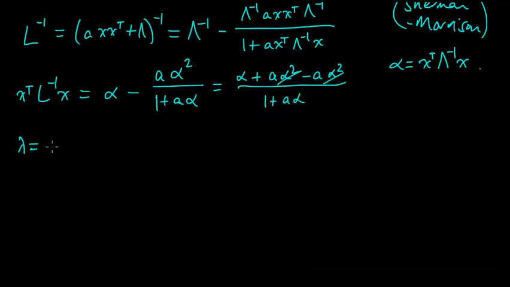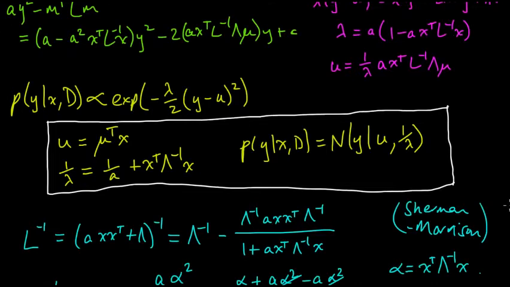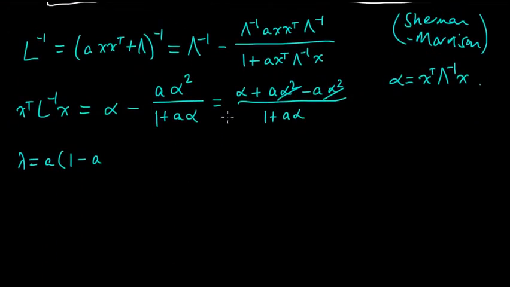Now if we plug this in, we get lambda is a times 1 minus a times that thing, which is what we just computed. So that becomes a alpha over 1 plus a alpha.